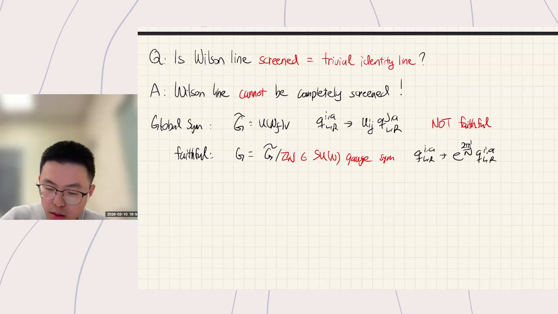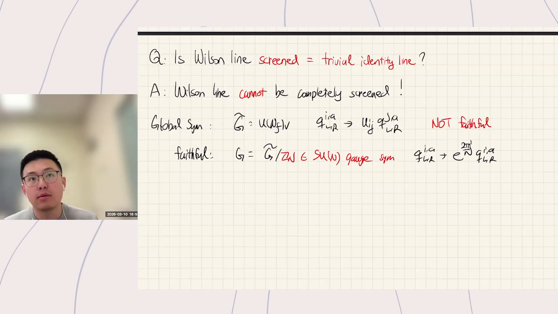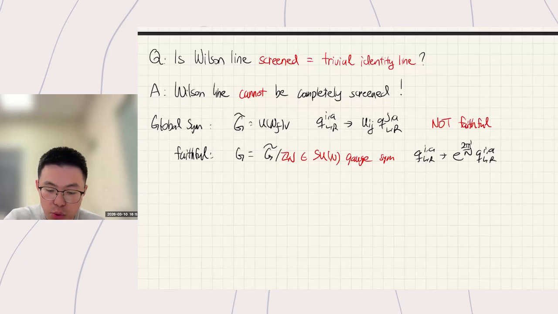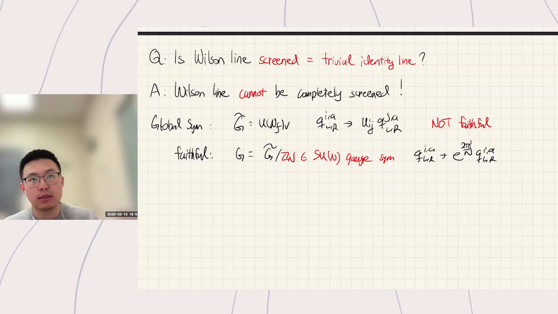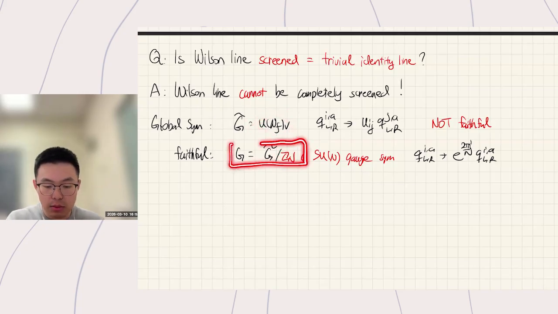You could have done or undone this by taking the Zn center of the SU(N) gauge symmetry, which acts precisely in the same manner as this Zn part of the U(NF) symmetry. So that means that this U(NF) symmetry is actually counting more global symmetries than it should. The Zn part of the U(NF) is in fact a gauge symmetry. So that's why this is the correct global symmetry to talk about.